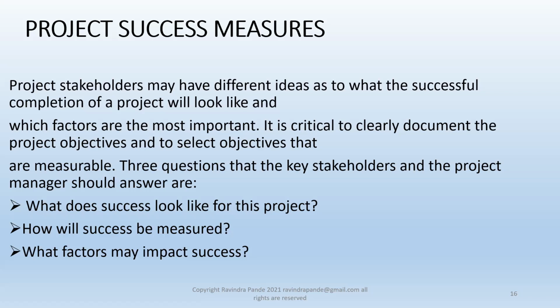as the end result expected. Three questions the key stakeholders and project managers should answer are: what does success look like for this project? So when you talk about an attendance management system, the attendance management system has to be uplifted to the new 24 by 7 centralized database system, right? How will the success be measured?